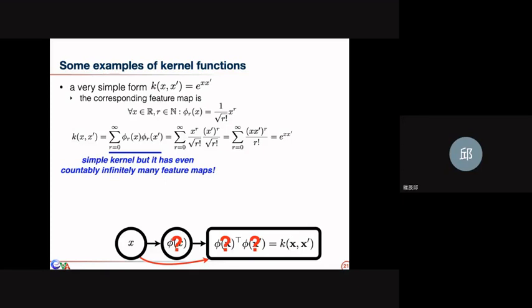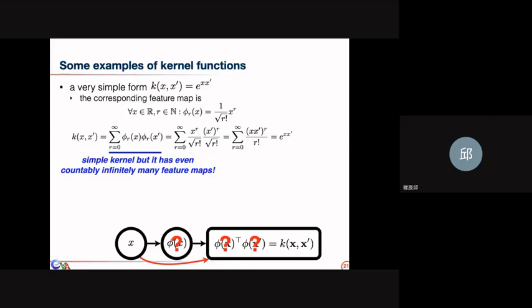But anyway, when you use this complicated feature representation to compute the inner products, you can do the math on your own. When you do the math, you will find out it actually achieves a very simple form of the kernel function.